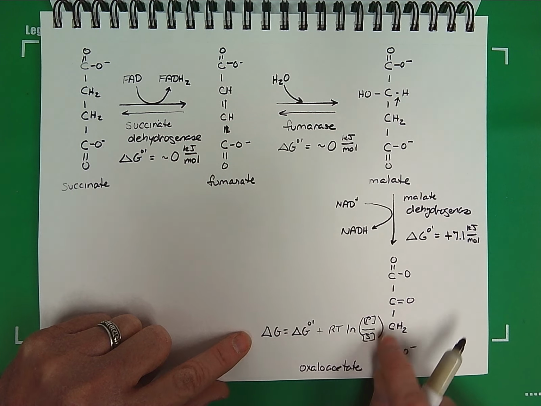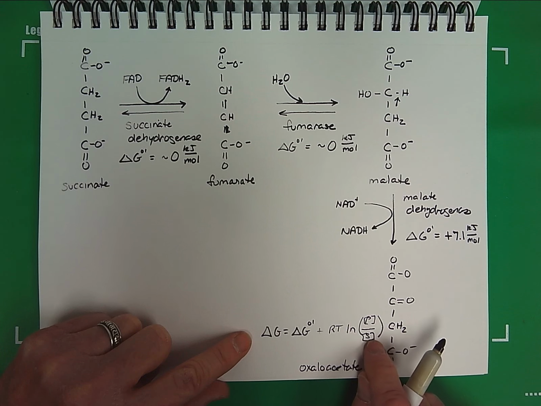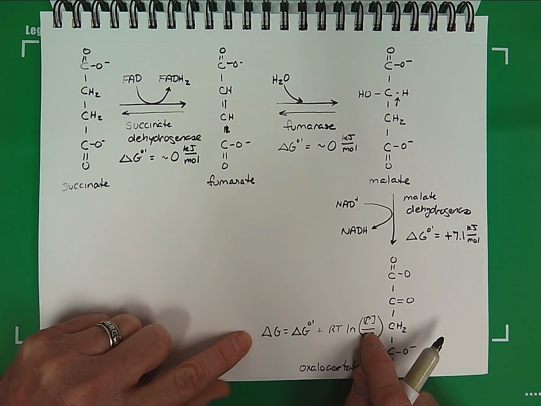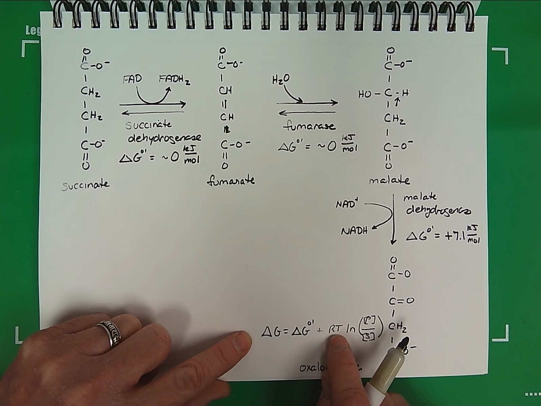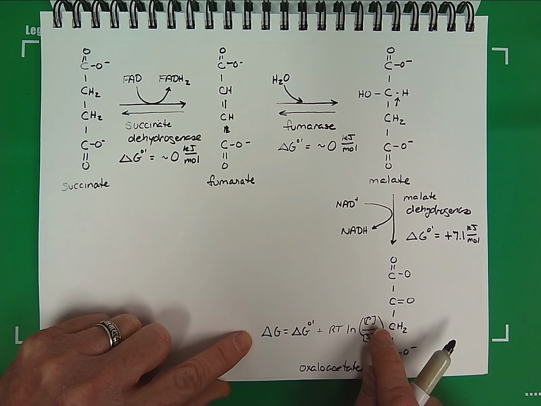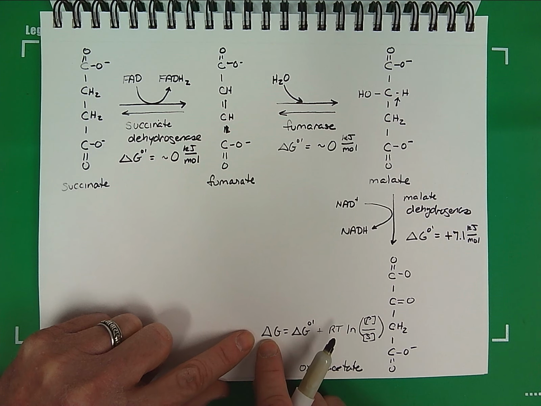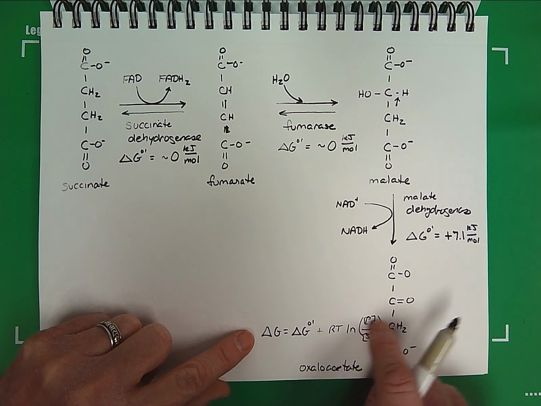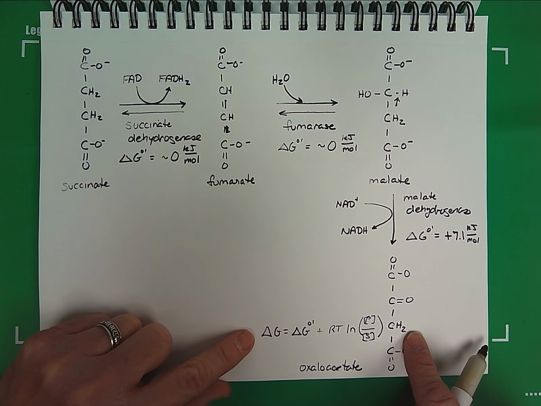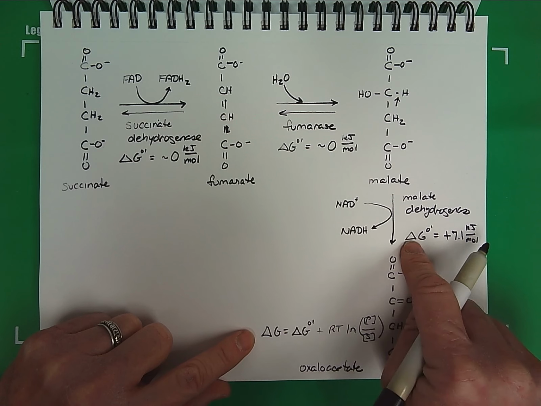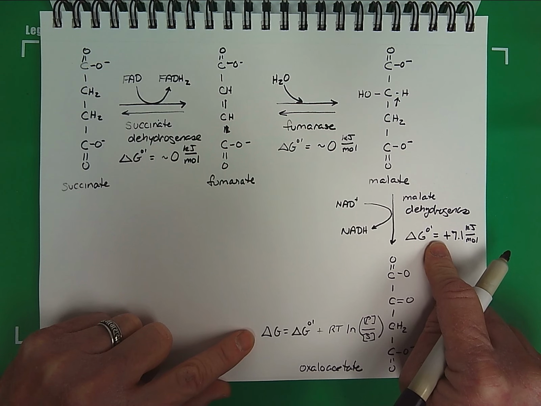So recall, if we have very little product and a lot of substrate, we have a very small number. The natural log of that number is a large negative number. Multiplied by the gas and temperature constants, we will have a very large negative factor to give us a negative delta G. Now the question is how do we keep the product of this reaction low enough that we can overcome this unfavorable standard free energy?